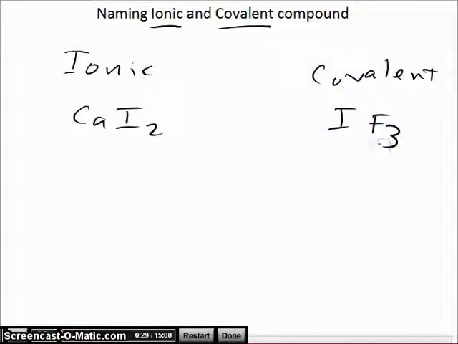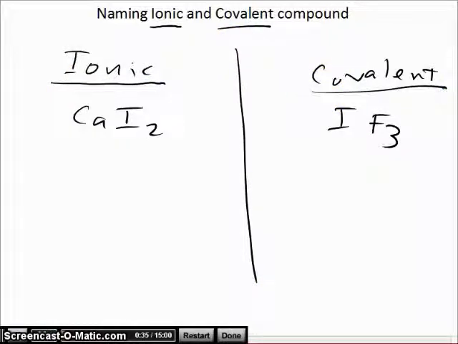IF3. Now, the thing to remember about ionic is that because there are only one or two possible combinations between the metal and the non-metal, you do not use di, tri, or whatever, because there's only one possible combination, right?